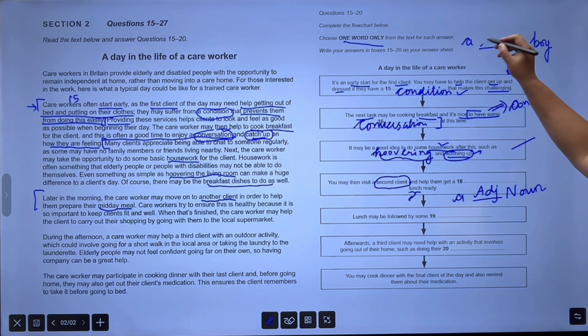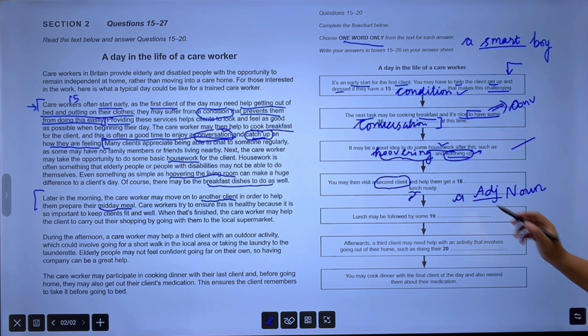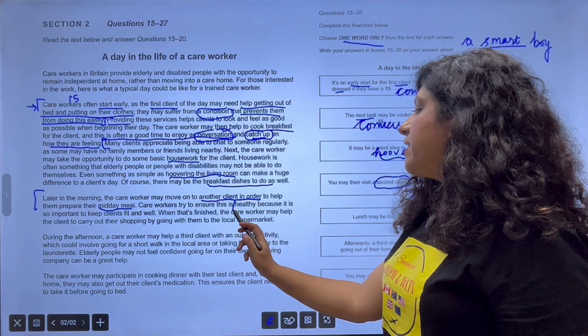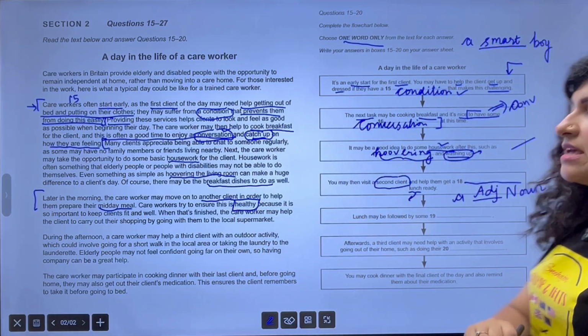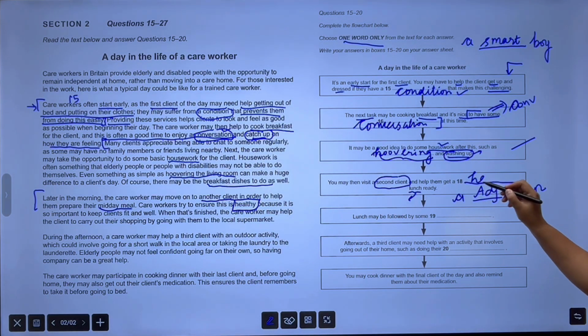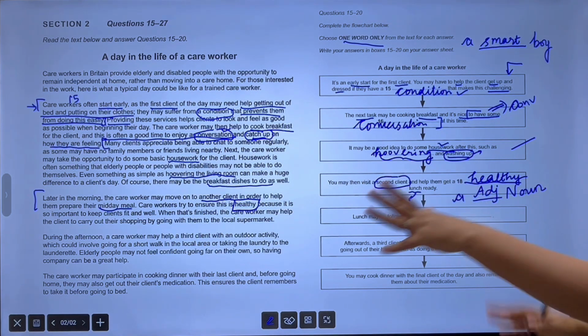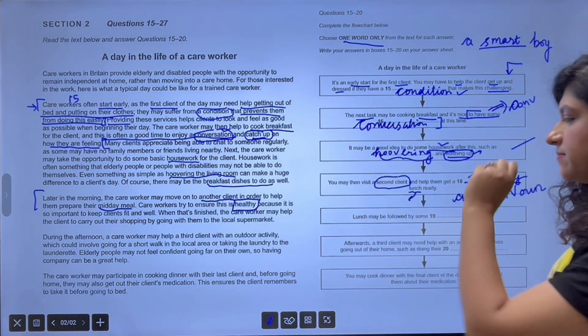So it can be a smart boy, right? In the same way, I know that I have to fit one adjective over here, and the adjective that I see in relation to lunch here is healthy. The lunch should be healthy, and that will be my answer: help them get a healthy lunch ready. So this is how you have to think, how you have to use the information from the text.